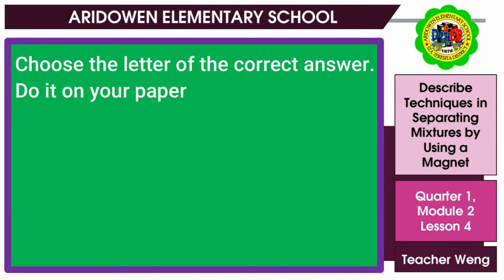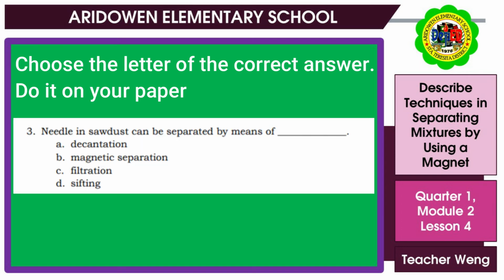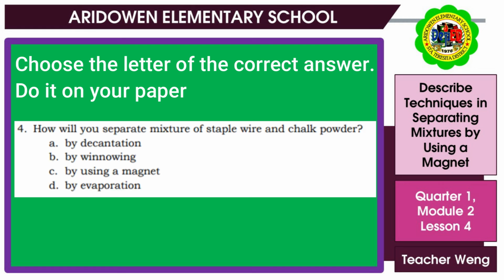Number 3. Needle and sawdust can be separated by means of blank? The correct answer is letter B, magnetic separation. Number 4. How will you separate mixture of staple wire and chalk powder?